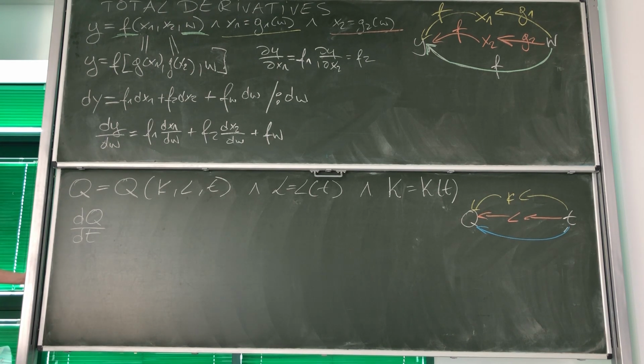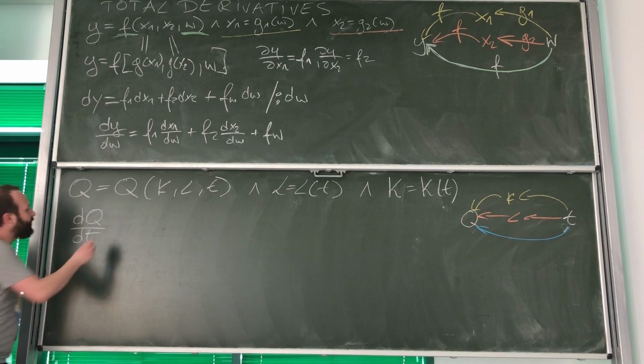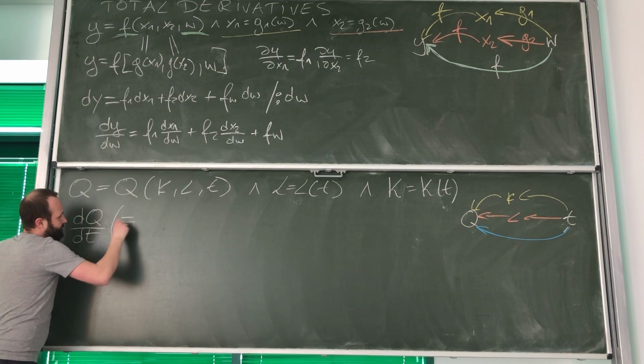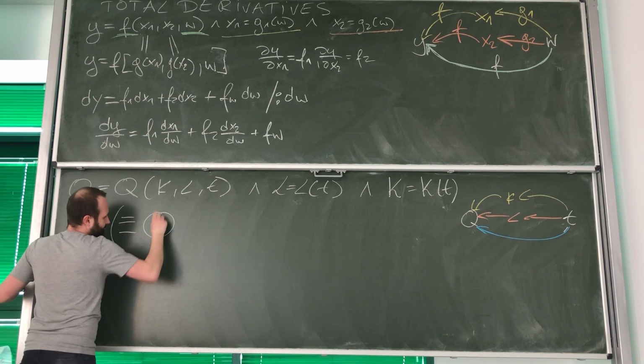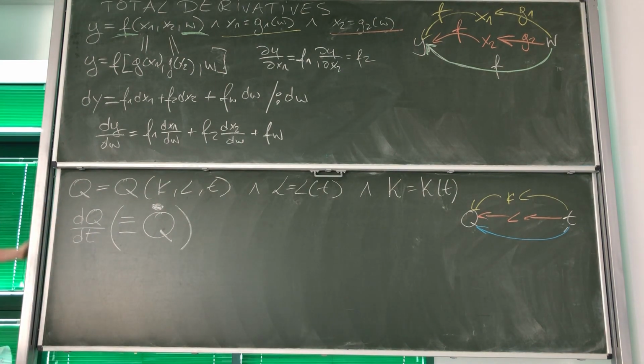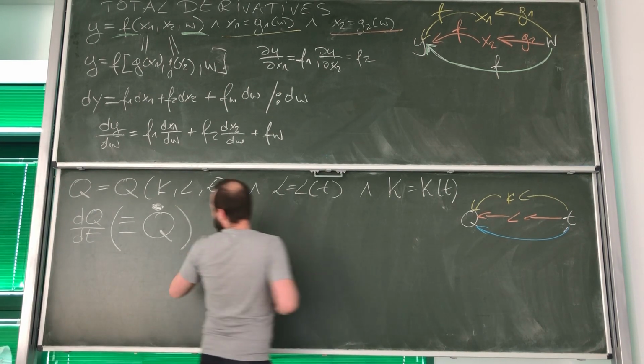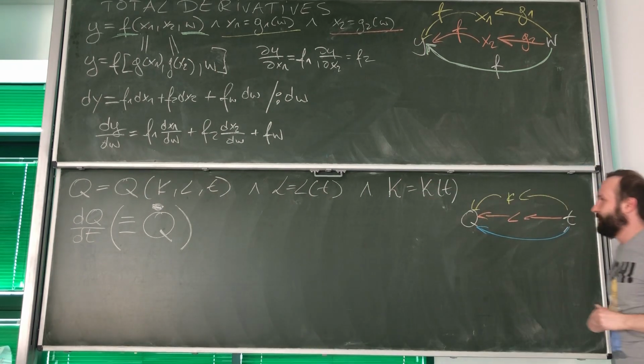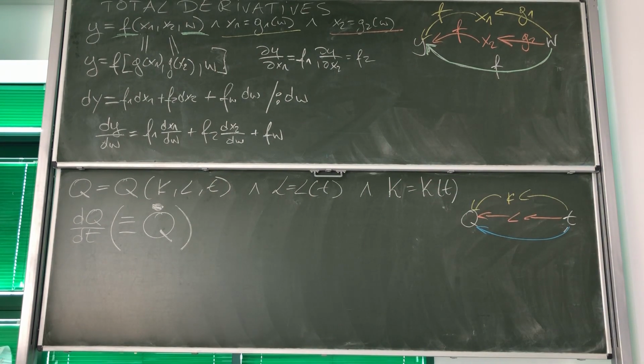This is the so-called time derivative, and we usually write it as a Q with a big dot over. Okay, so look, let's write now the entire expression for this derivative right away.